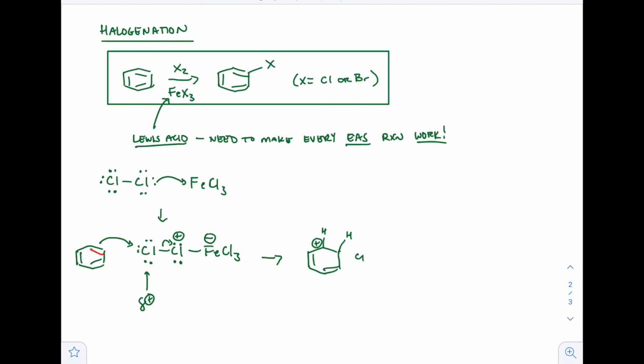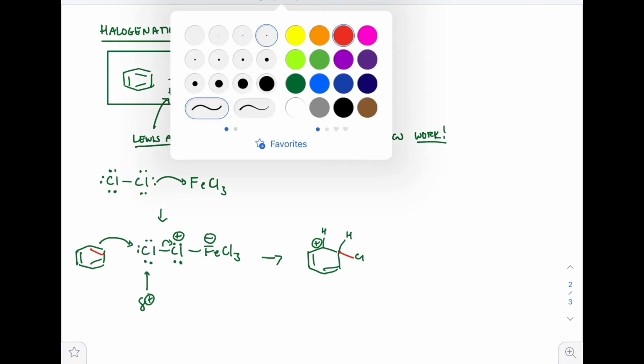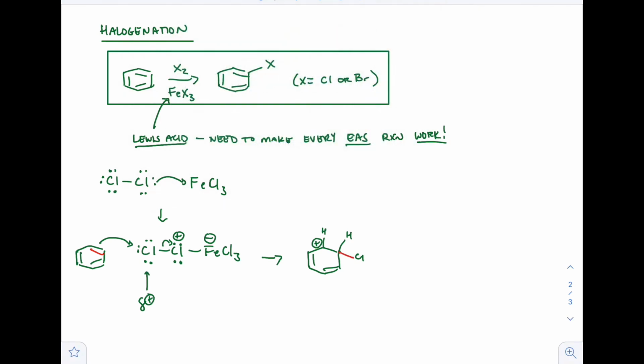So once I've attacked that, it kicks the electrons to the positive chlorine and makes it happy again, right? And then we got our typical intermediate with our positively charged ring with the electrophile now on there, okay? So we do have that anionic iron complex floating around, and that's basically the source of our base.